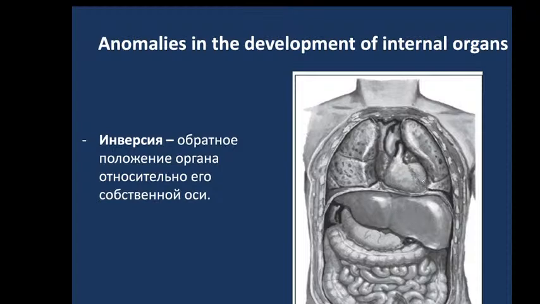Here we can find half inversion, when the heart and lungs are located normally, but abdominal organs like the liver are in the inverted position. Most of the liver is located on the left side. Usually the normal position is right.